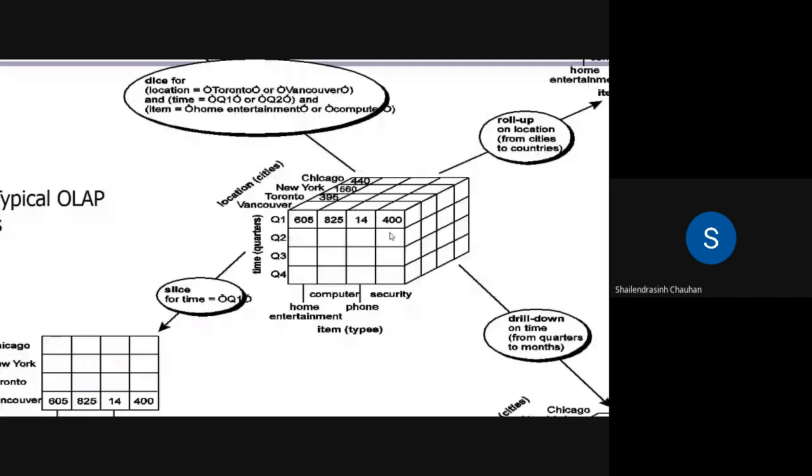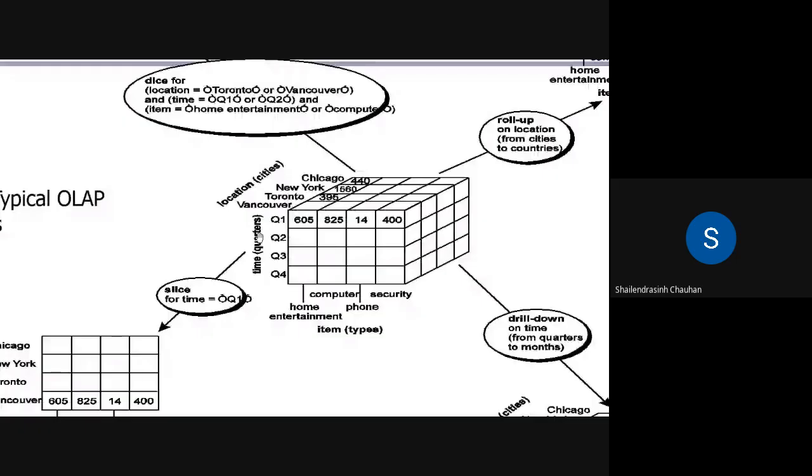For that, you consider one dimension as constant and take that slice. For example, if you perform slicing on this cube for time equal to Q1, you consider the time dimension with Q1 as constant.